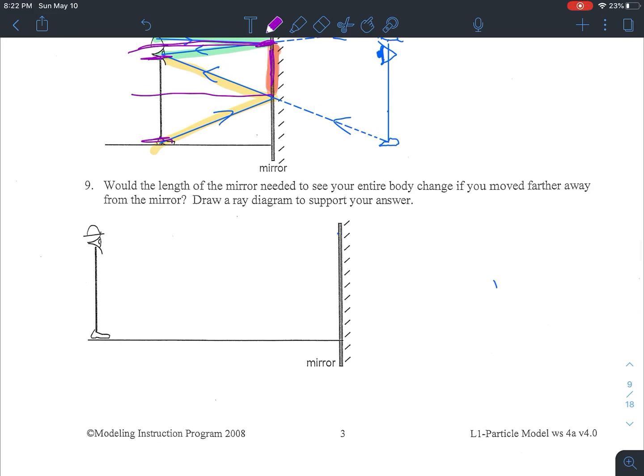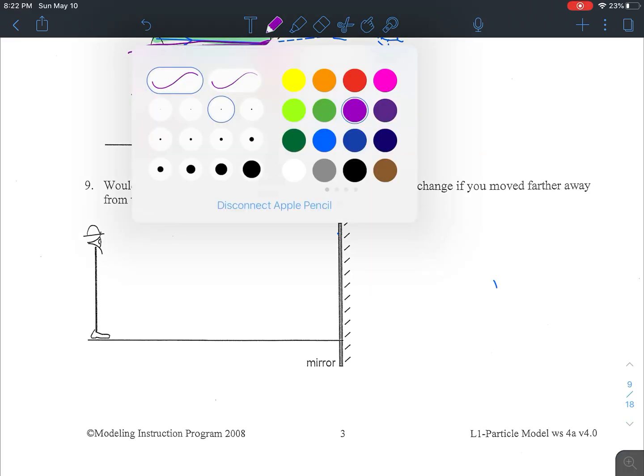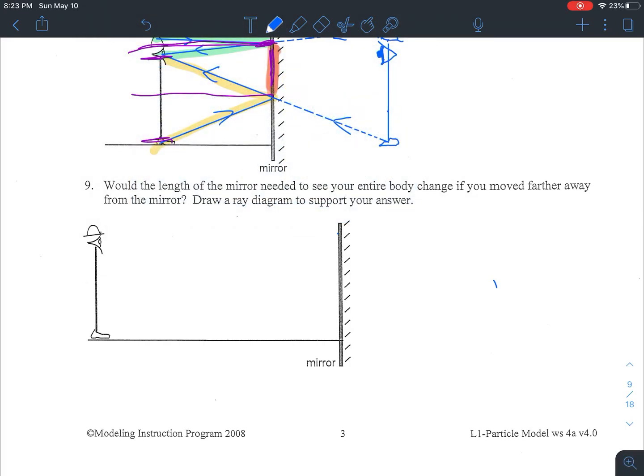Well, what about if he backs up? You can see that we have a further distance. We can go through the same methods. I'm going to go through a little bit faster here. So the first part's going to be slow because I have to measure. So now he's about 7.5 or so.